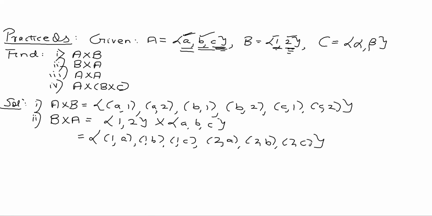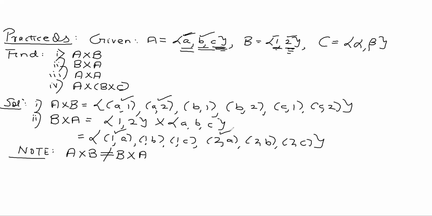You can clearly see that A cross B is not equal to B cross A because internal order matters. (a,1) is not equal to (1,a), and (a,2) is not equal to (2,a). So internal order matters.